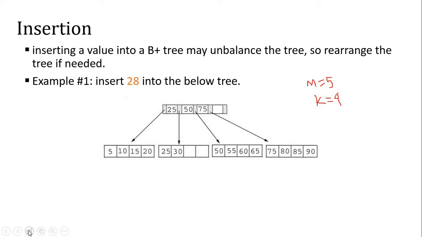Now, up to 5 branches are possible, and among them you can keep only 4 values here. There is a leaf here with 25, and from that 25 we follow another algorithm.